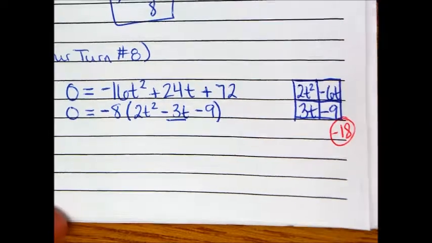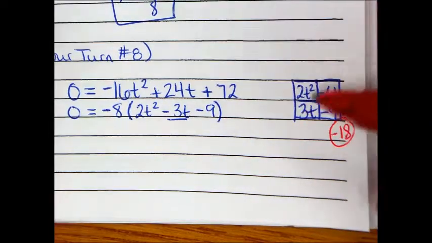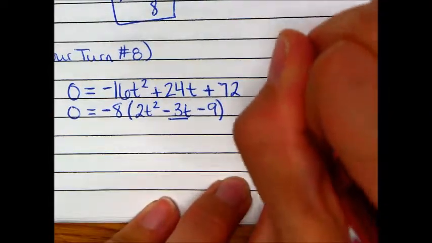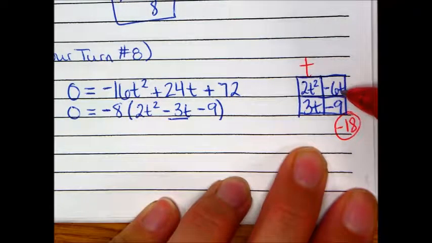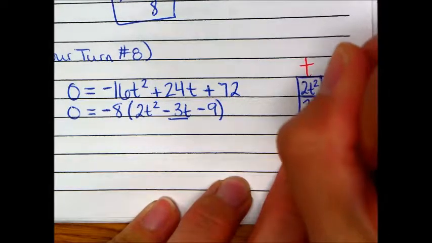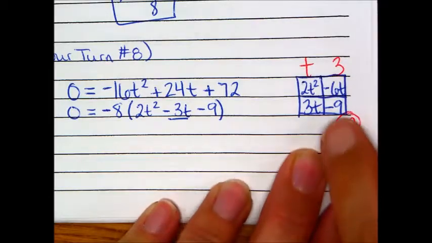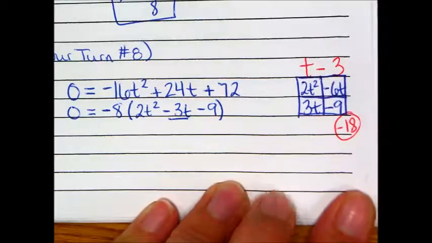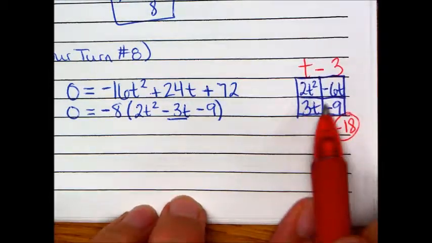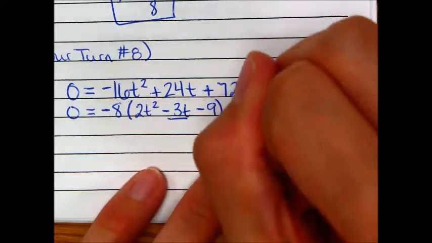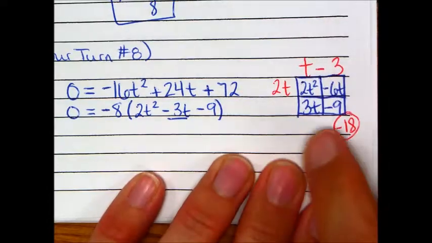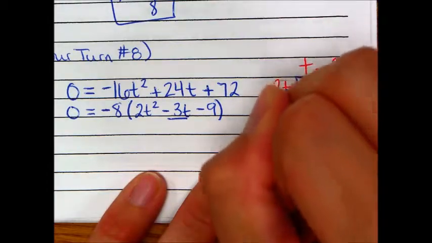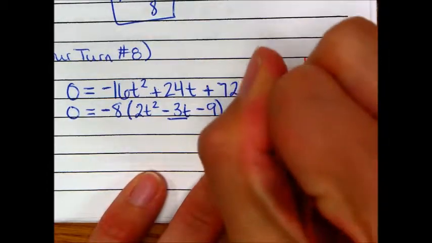All right, let's get your common factors. 2t squared and 3t can only be divided by t. Okay, negative 6t and negative 9, those can both be divided by 3. But since that's a negative, you put a minus there. Okay, 2t squared and 6t can be divided by 2 and t. 3t and negative 9 can be divided by 3. Since that's a positive 3, you put a plus sign.